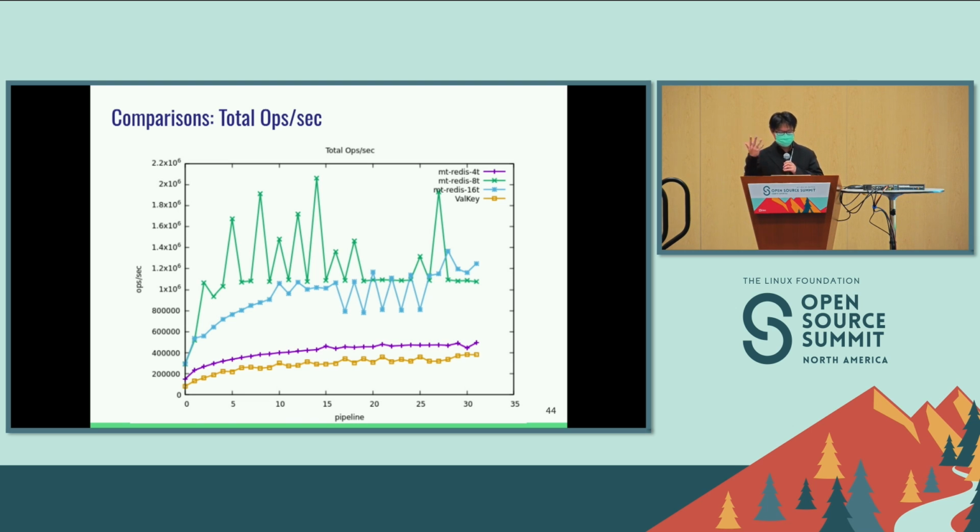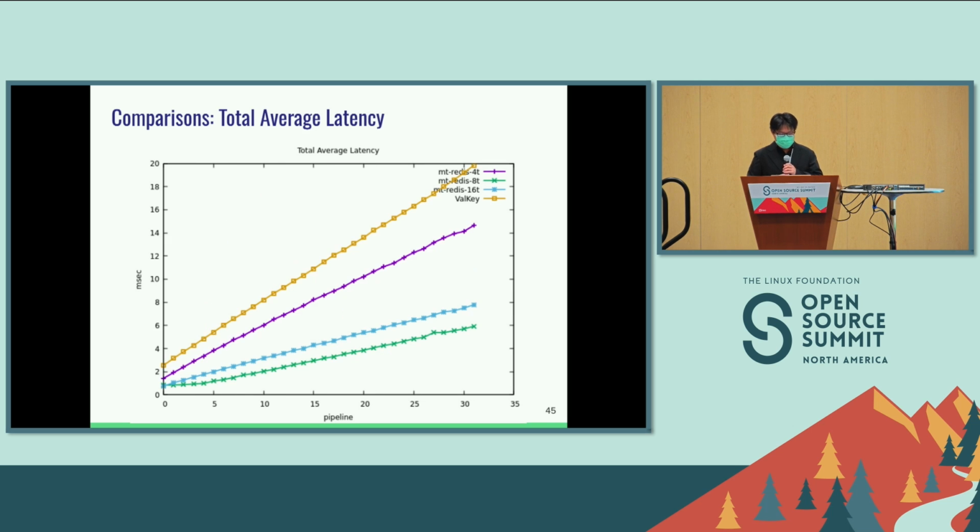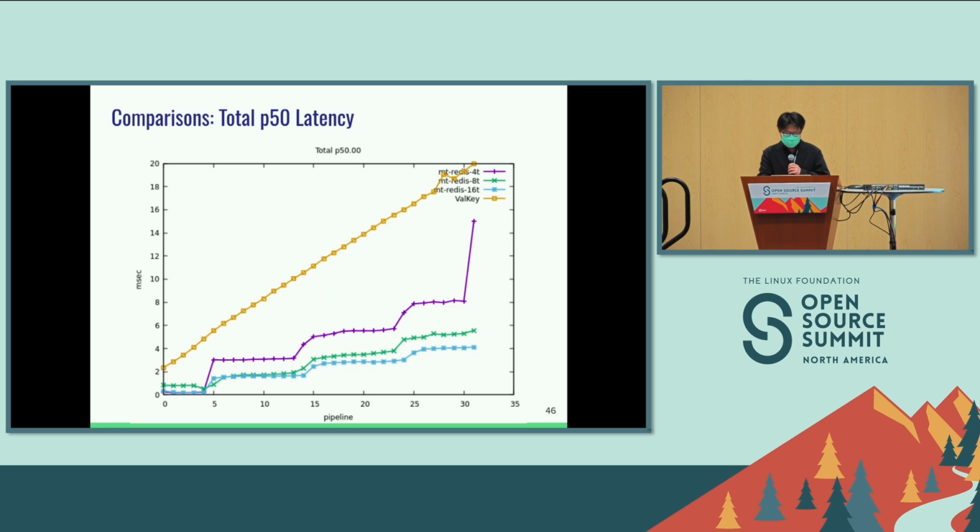So this one is for throughput. This one is for the average latency. So Valkey is here, and our implementation is showing steady results for lower latency. And how about the 50 percentile?